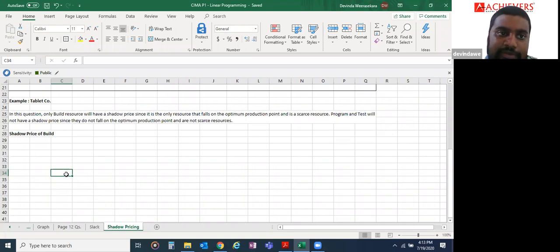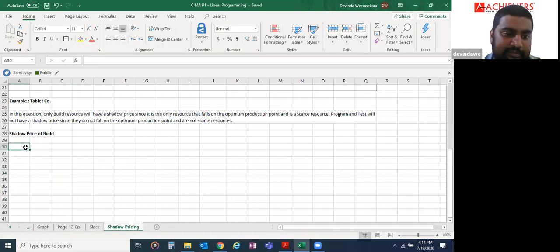So we need to find out, if I have one extra unit of build, or if build is measured in hours, if I have one extra hour of build, how much additional contribution can I earn? Clear? That is basically your shadow price.